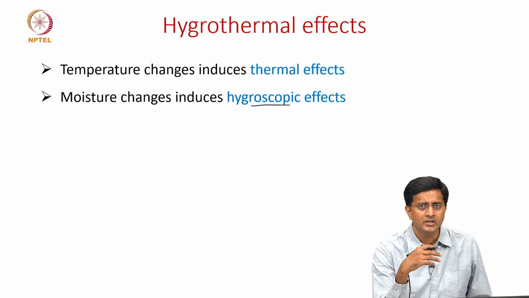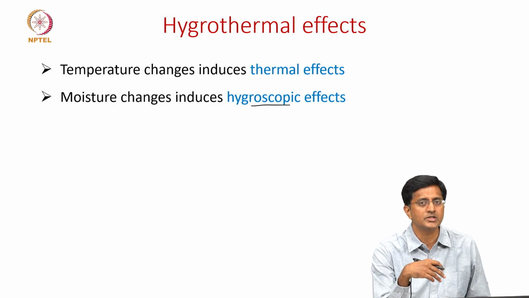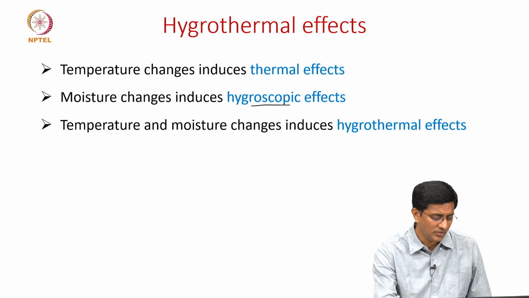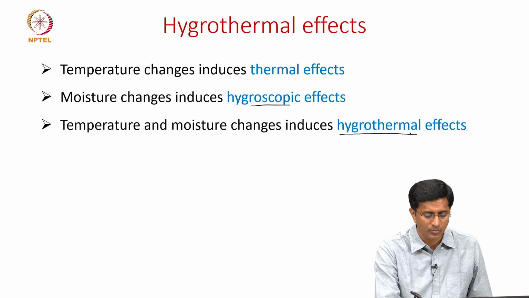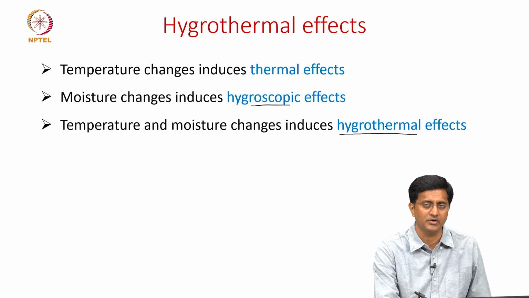But then we have been only looking at temperature and moisture independently. But what if there is both a temperature change as well as a humidity change? That's when we have the hygrothermal effects. Hygrothermal meaning both humidity effects as well as thermal effects.